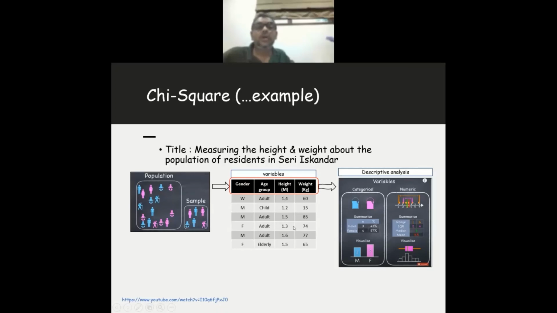And then I do a survey here lah. And I do the descriptive analysis here. So I do categorical, I summarize berapa jumlah male, berapa jumlah female, and I visualize them, buat dalam bentuk graph. I buat numerical, I buat the range kat sini, everything is here.